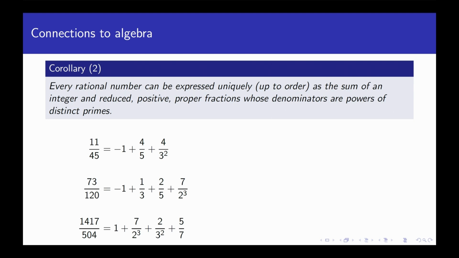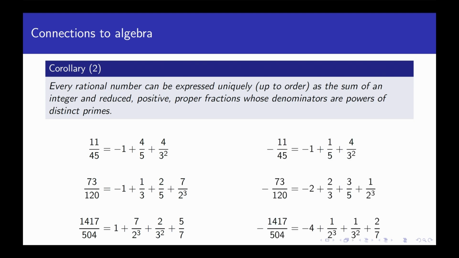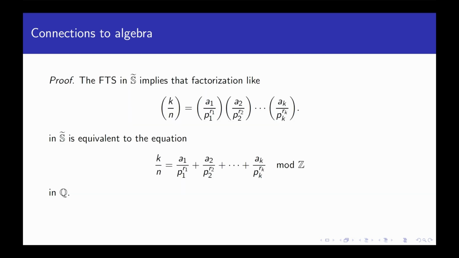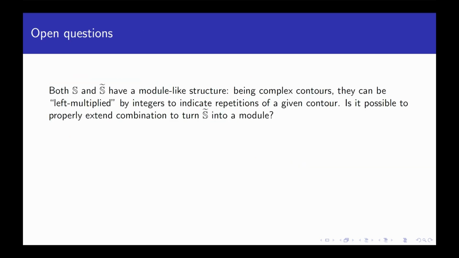That fraction that we were looking at before, the big red star, is -1 plus 1/3 plus 2/5 plus 7/8. If you put their negatives on, you get a different collection of fractions. But this is the one and only one way to do this. The proof is essentially any factorization in S, in the equivalent space, boils down to an arithmetic equation which is unique modulo the integer. So I'm going to just end with 2 quick observations here.